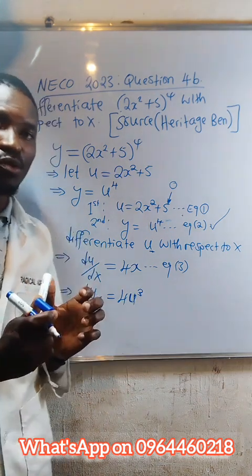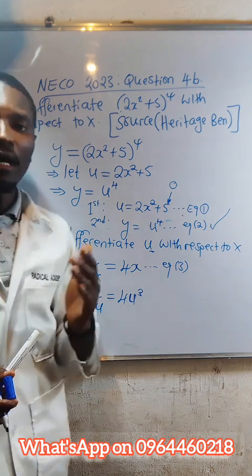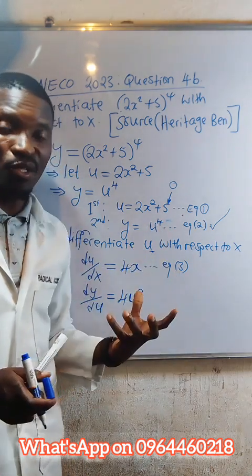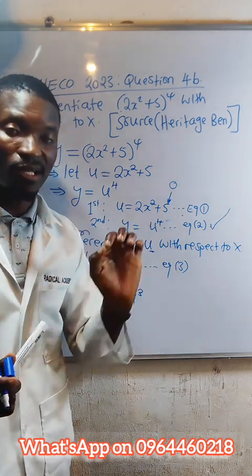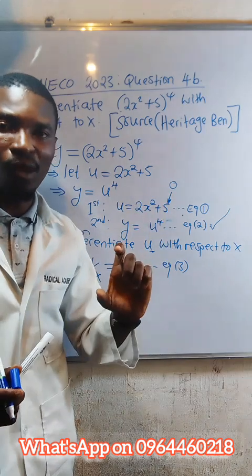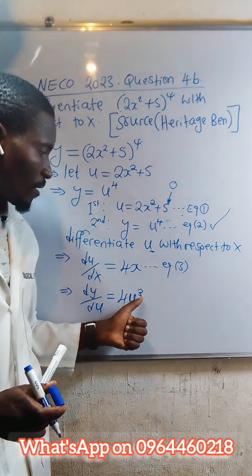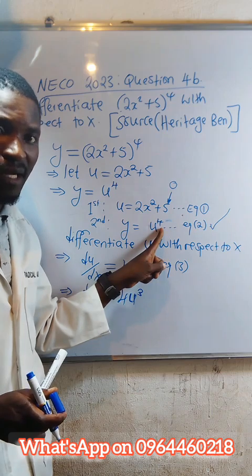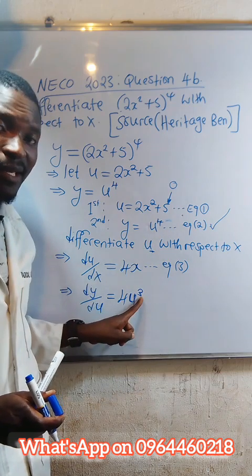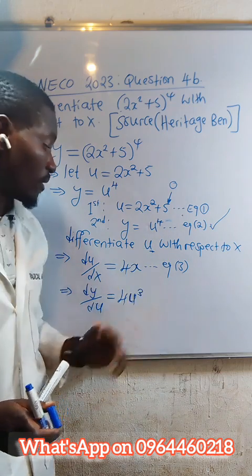When it comes to differentiation of polynomials, you are supposed to understand that the power reduces by 1, and we get the final answer as 4u^3.